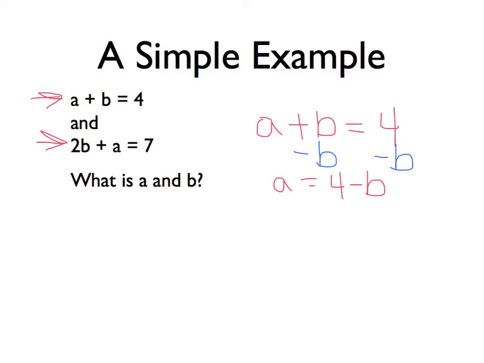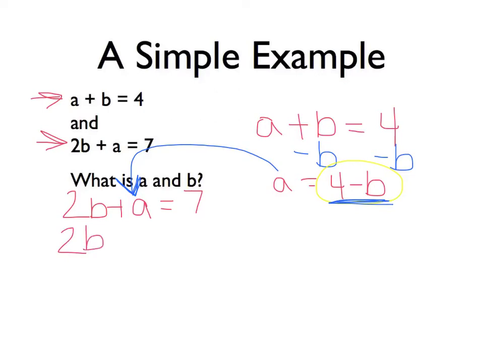So now it's time to substitute. Now I know what I got for A. A is equal to 4 minus B. So I'm going to take my other equation, 2B plus A equals 7, and I'm going to substitute what I found for A. So instead of writing the A, we're actually going to replace it with the 4 minus B. Let's see what that looks like.